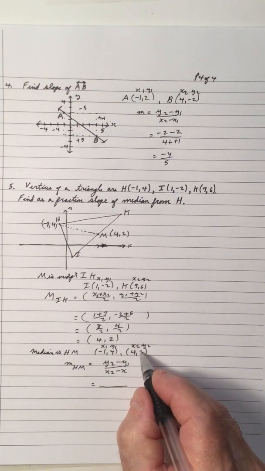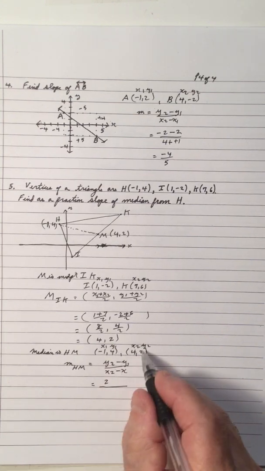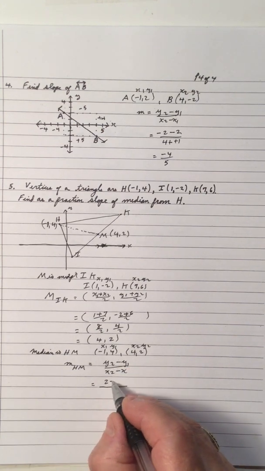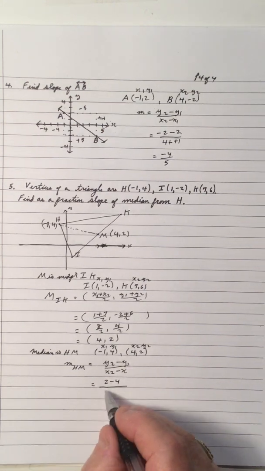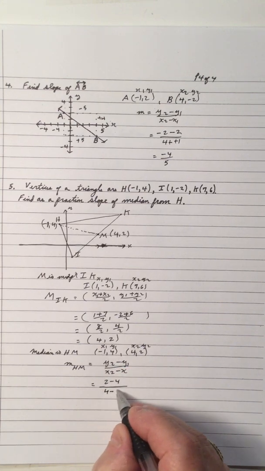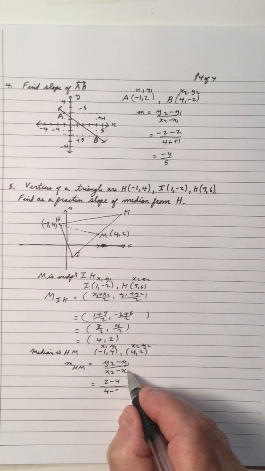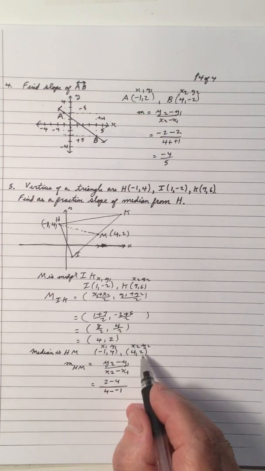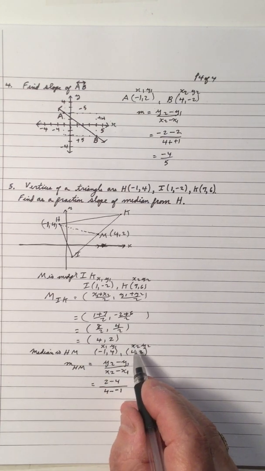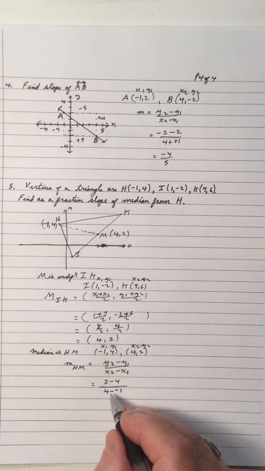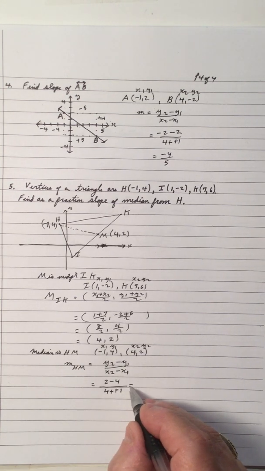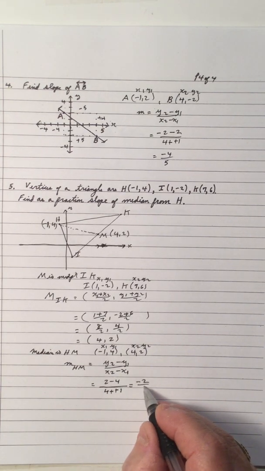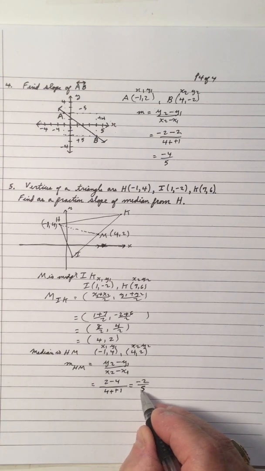So y2 minus y1 is 2 minus 4, and x2 is 4, x1 is negative 1. So 2 minus 4 over 4, subtract negative 1, double negative is a positive. So 2 subtract 4 is negative 2, and 4 plus 1 is 5.